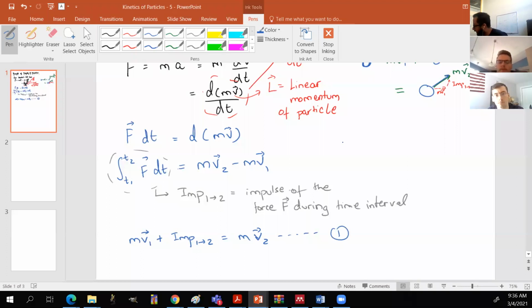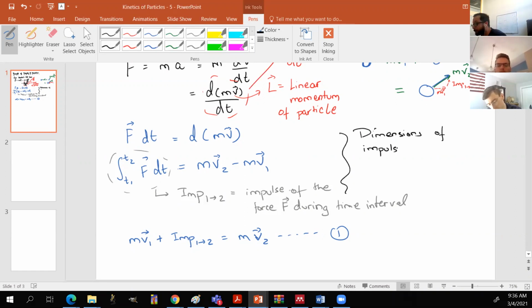If we take a look at the dimensions, the dimensions of impulse are just force times time. Depending upon the problem, you might have to integrate, or you could just do force times time directly if the force remains constant over that time period.